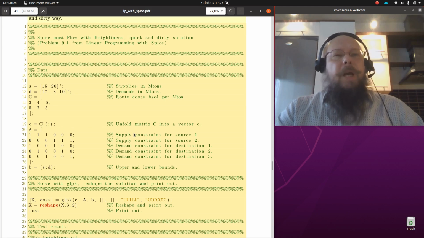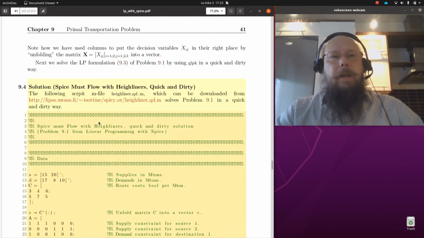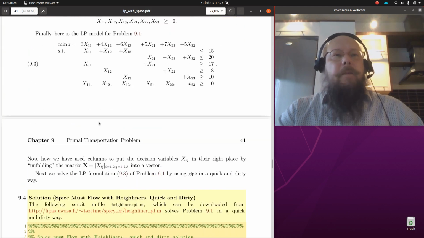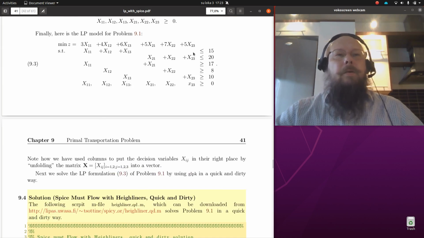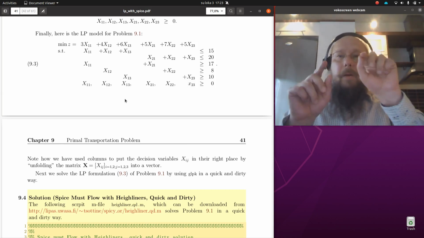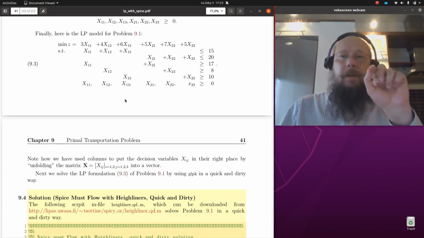So first we have supply constraints, and it means that we have these ones following zeros, and then zeros following ones, going in the way that we have here. Ones, then zeros, zeros, and ones. And if we had more supplies, then it would be ones followed by lots of zeros, then the same ones followed by zeros, and so on.